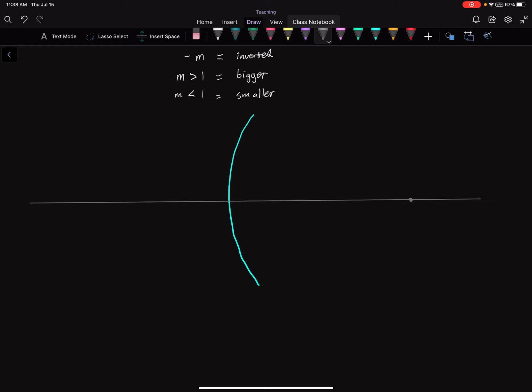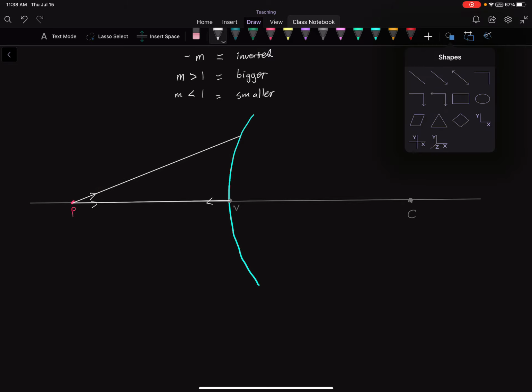Center of curvature is now back here, C. We're going to have a point object here, P, and our vertex here, V. And we're going to consider two rays, one of them being this obvious one here. It goes out, comes back in. And I'm going to consider another one that goes out and hits somewhere towards the top of the convex mirror.